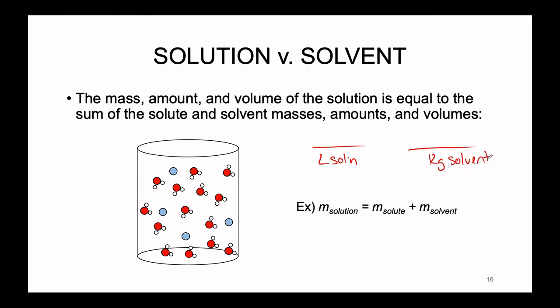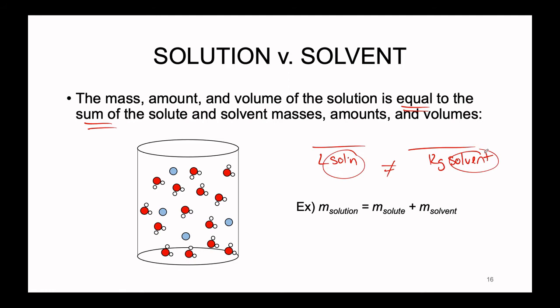These labels also matter. Solution versus solvent. The mass, amount, and volume of your solution is going to be equal to the sum of the solute and solvent masses, amounts, and volumes. In other words, liters of solution is also not going to be synonymous even with liters of solvent. Solution and solvent are not the same things.